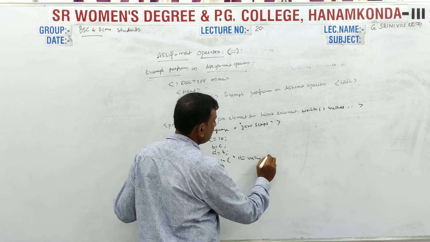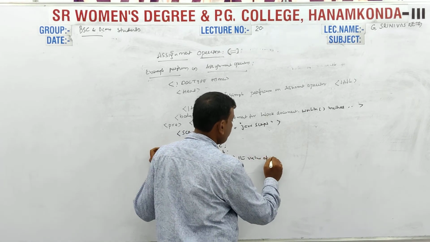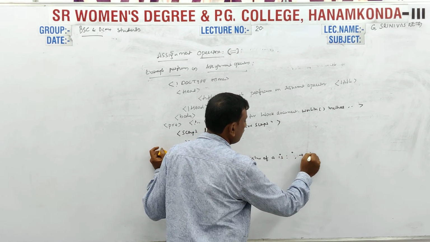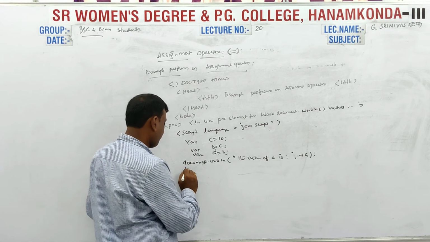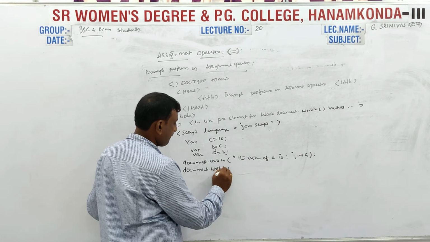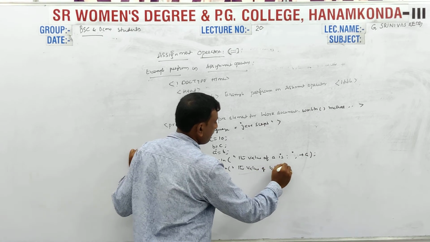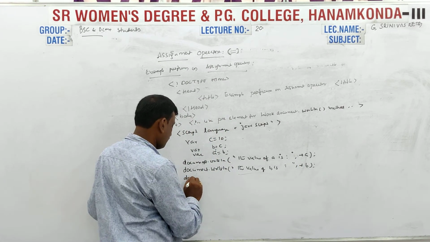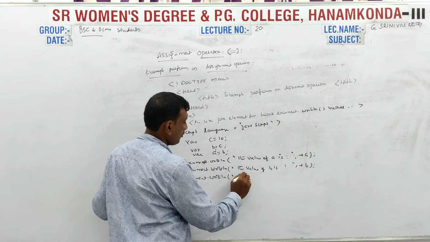The value of A is, comma, A. The value of C is.